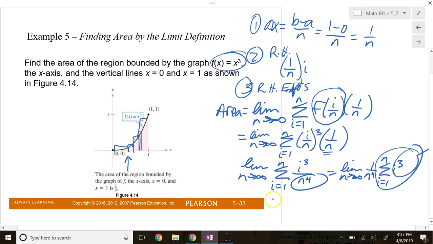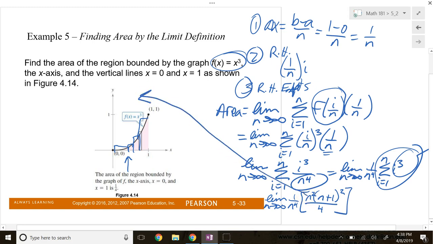So this becomes the limit as n goes to infinity of 1 over n to the 4th times, now I'm going to use my formula for the i cubed. If you look back however many pages that was, that summation ends up being n squared times n plus 1 squared, all over 4. Okay, so now if I expand that, I'm going to have to come over here.